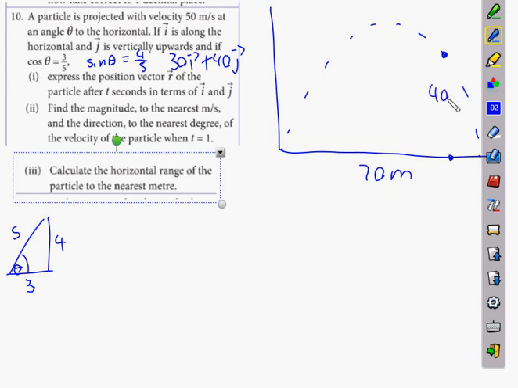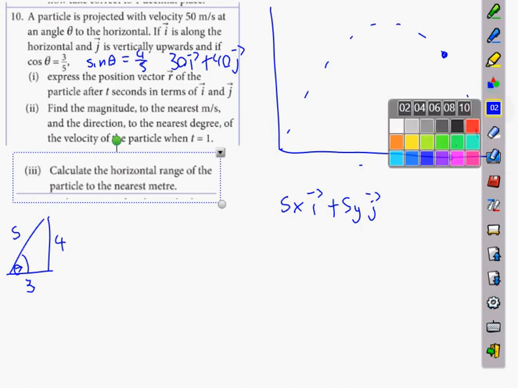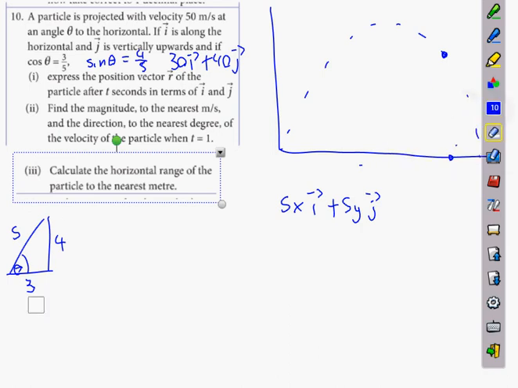What's the position vector then? 70i plus 40j. It's basically Sx times i plus Sy times j. That's a position vector. So, in order to sort out the position vectors here, we're going to do the ut plus a half at squared.